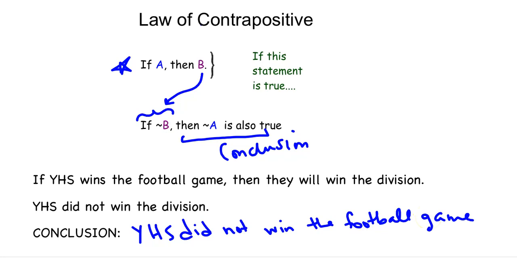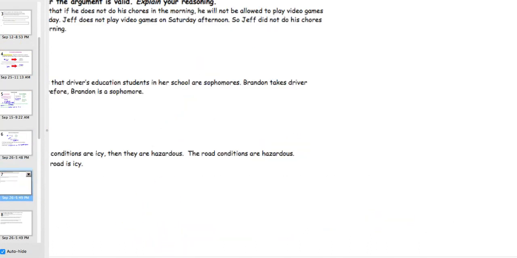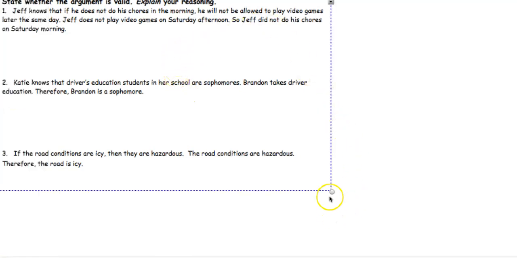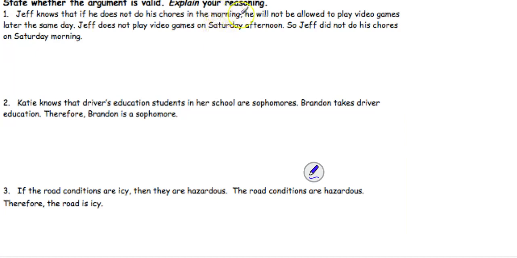If we take a look at the examples at the bottom of our page: Jeff knows that if he does not do his chores in the morning, he will not be allowed to play video games later the same day.